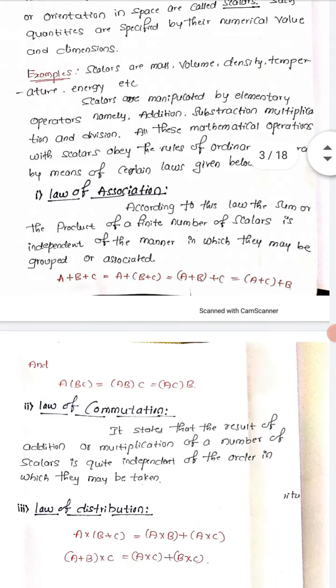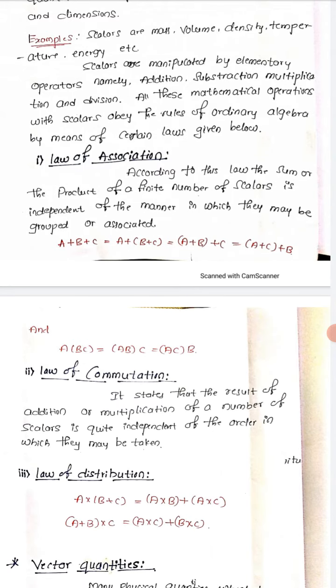The first is the law of association. According to this law, the sum or product of a finite number of scalars is independent of the manner in which they may be grouped or associated.